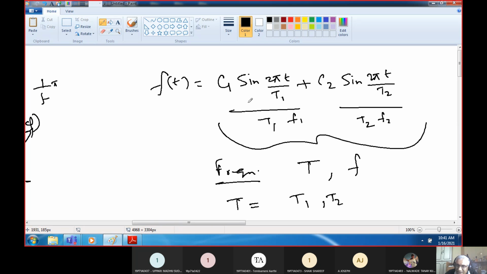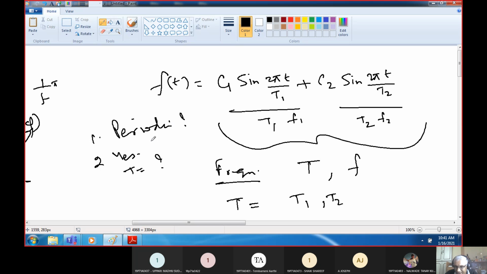So the resultant function f of t, is it periodic? First of all, the first question is, is it periodic? Number one, we have to answer that question. Second question is, if it is periodic, if the answer is yes, what is the time period T?